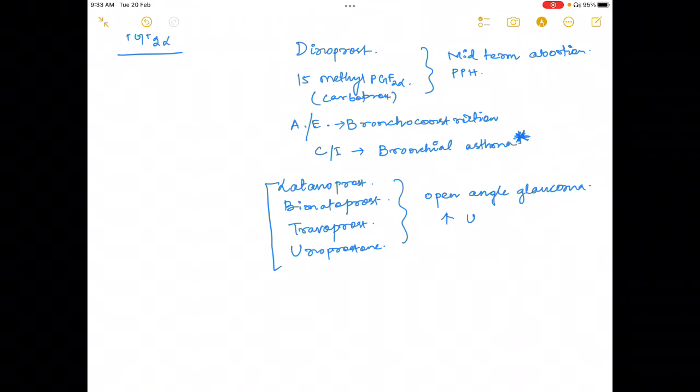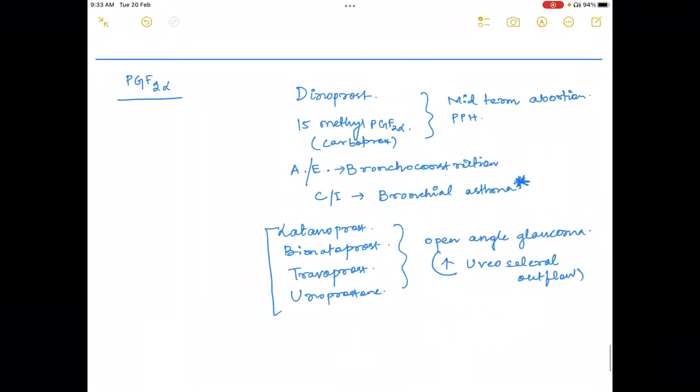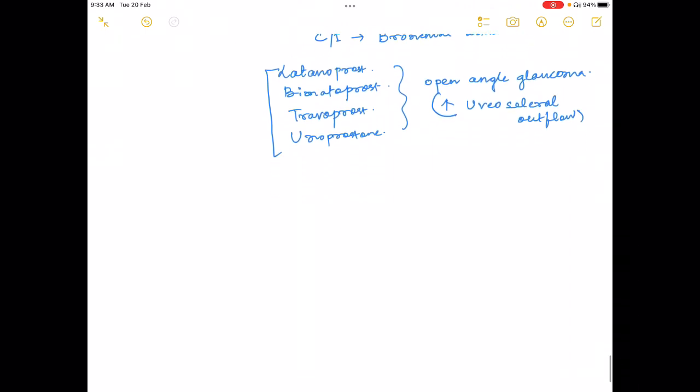They increase the uveoscleral outflow. So these topical preparations can be given safely in case of asthma also. But dinoprost and 15-methyl PGF2 alpha are contraindicated in case of bronchial asthma.